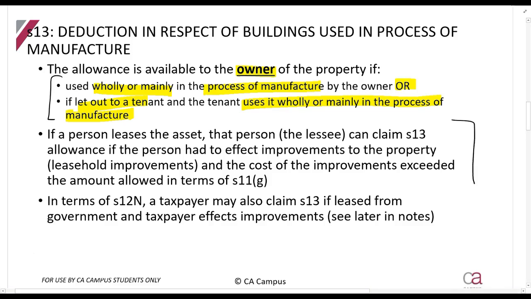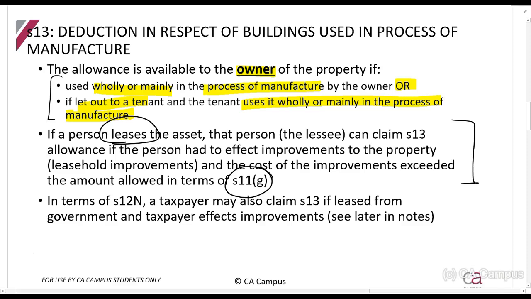Please note, if a person leases the asset, so this is the lessee, and they make an improvement on the property, that will qualify for section 11G as a deduction. Section 11G is the leasehold improvement deduction.